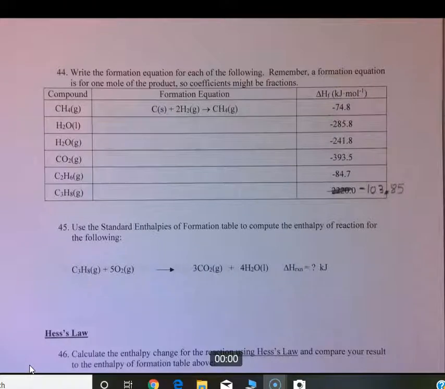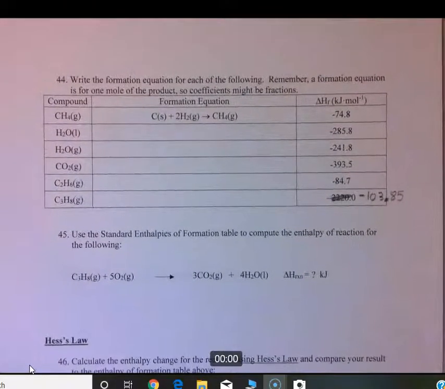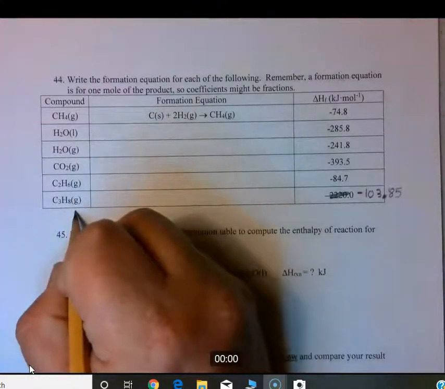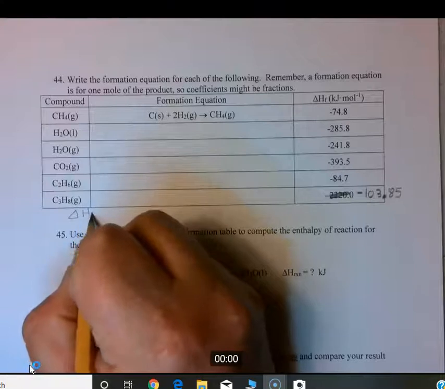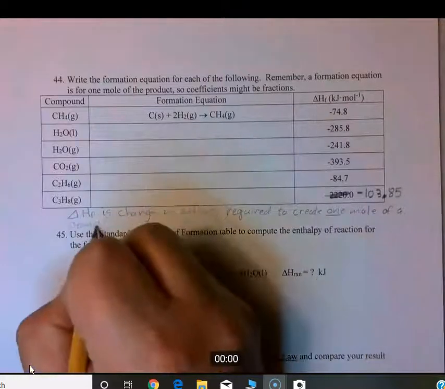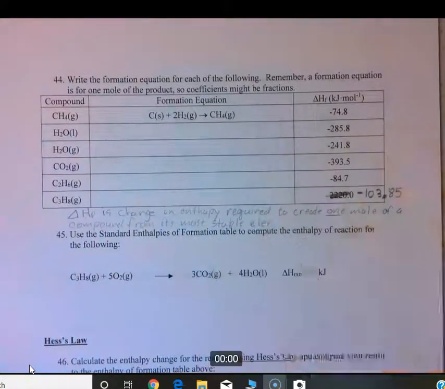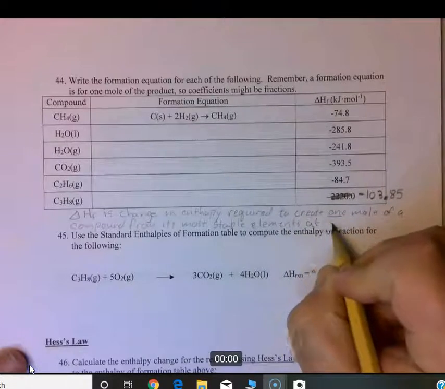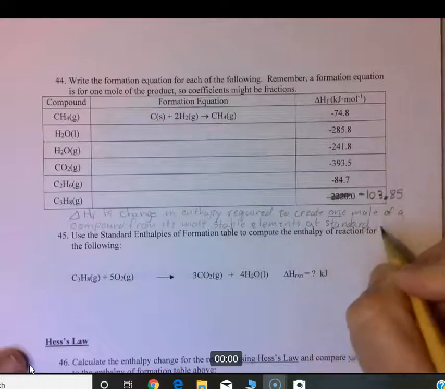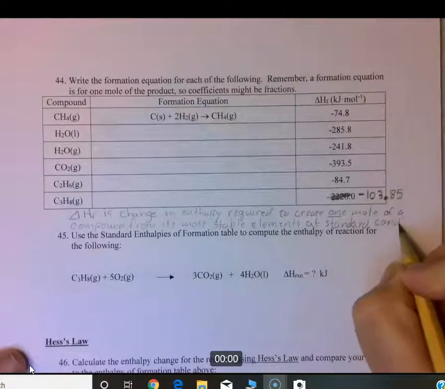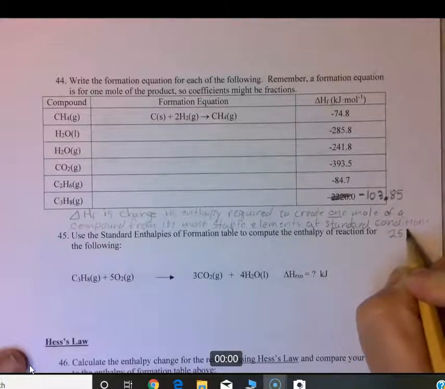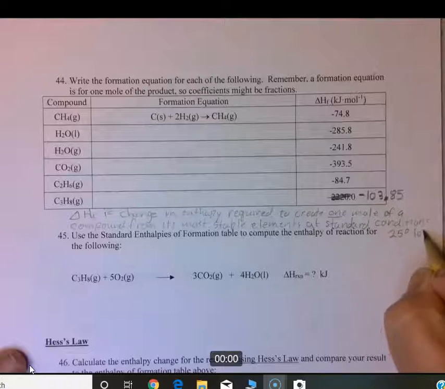So the definition of enthalpy of formation is it's the change in enthalpy under standard conditions, which is 25 degrees centigrade and 1 atmosphere.